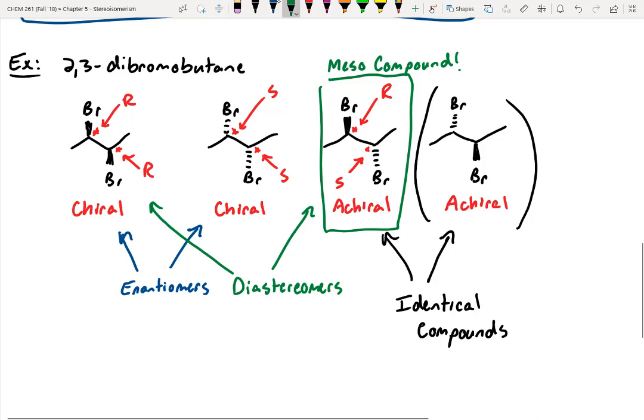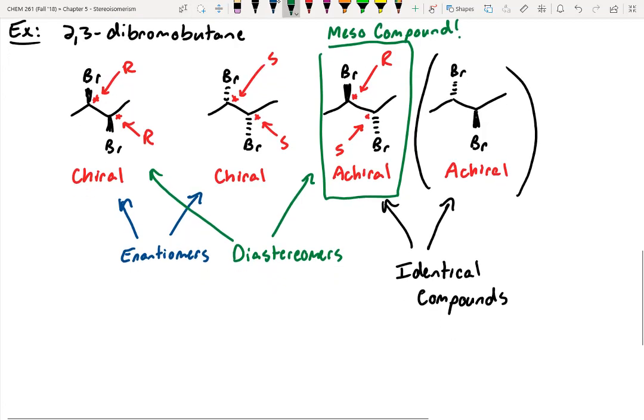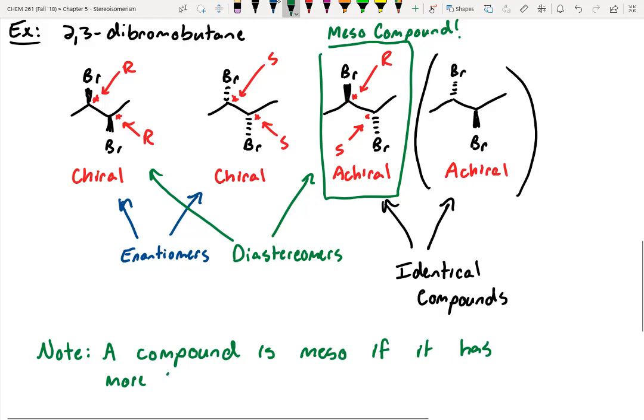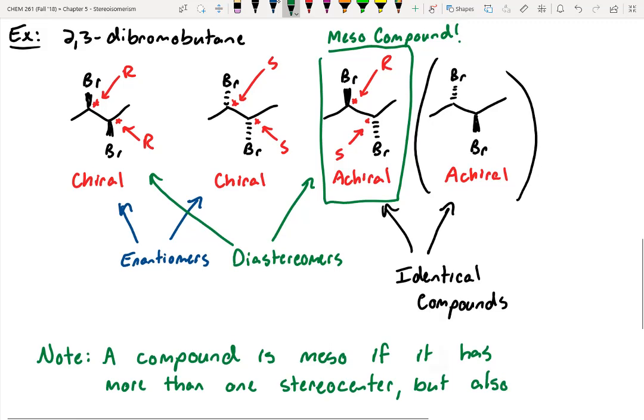So let's make a note about meso compounds. A compound is meso if it has more than one stereocenter but also has an internal plane of symmetry.